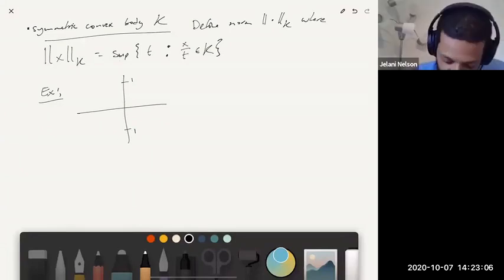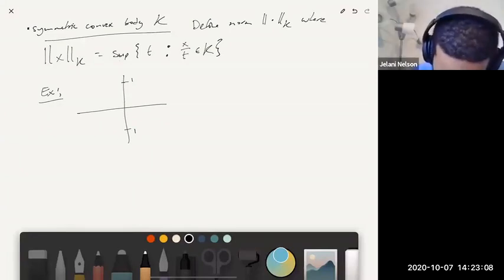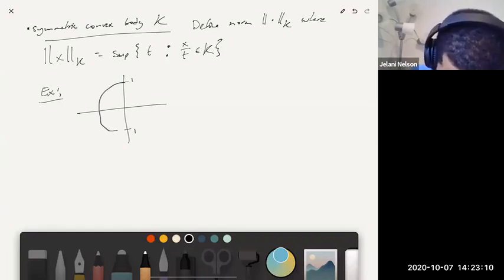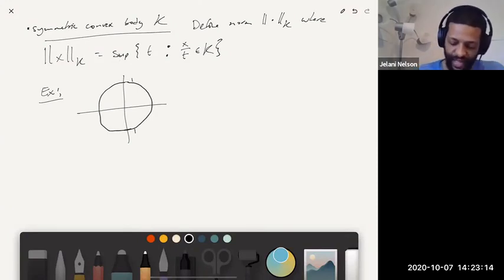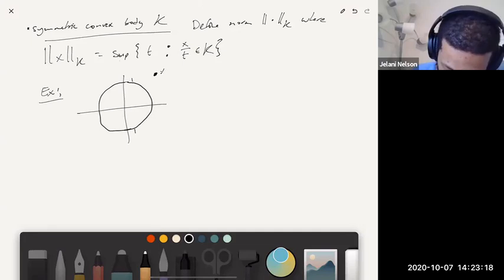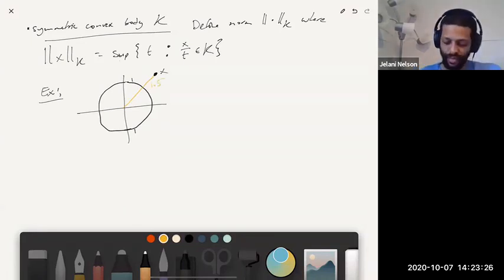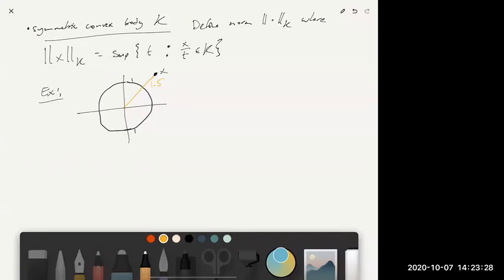So let's think about it. So here we have this circle. That's not a perfect circle, I'm sorry. And then now let's say we have a point out here, x, which has norm 1.5. Shouldn't it be like the smallest t, so like the infimum?